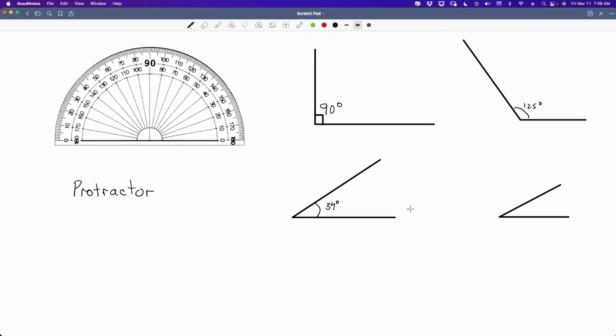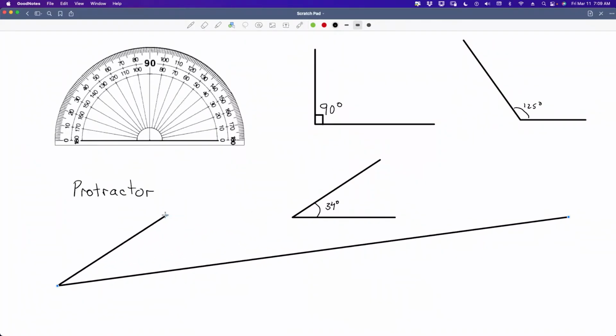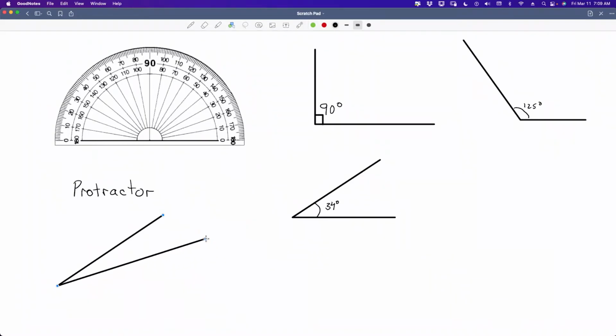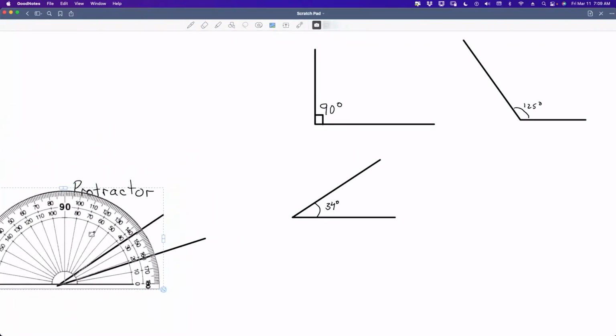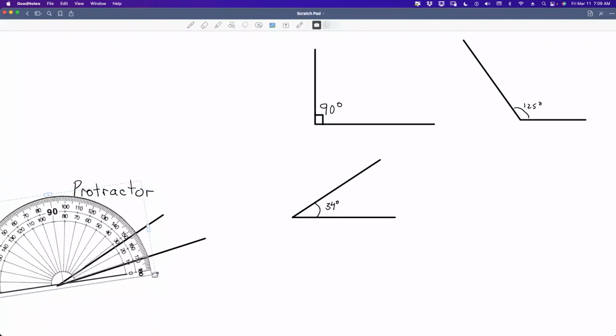And it is kind of hard to see the angle when you don't have the lines long enough. So I'm going to take this one. I'm going to move it over here. And I'm not going to have it flat. I'm going to have it at an angle like this, so you can see how that works. So all you're going to do is you're going to take your protractor, you're going to put it on the vertex, and then we're going to twist it a little bit.